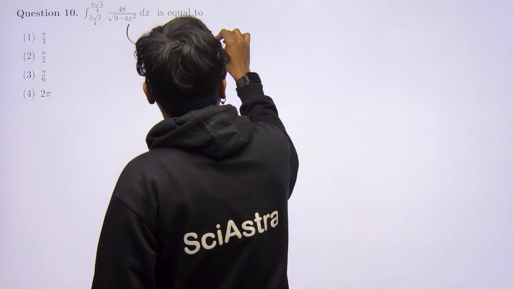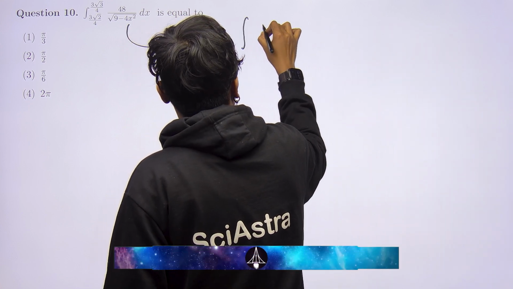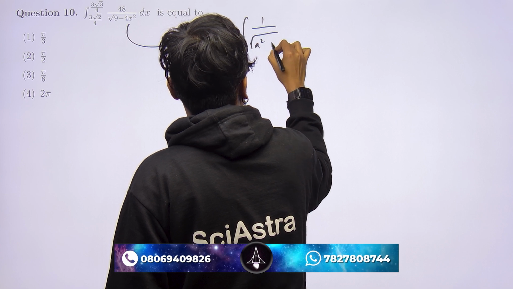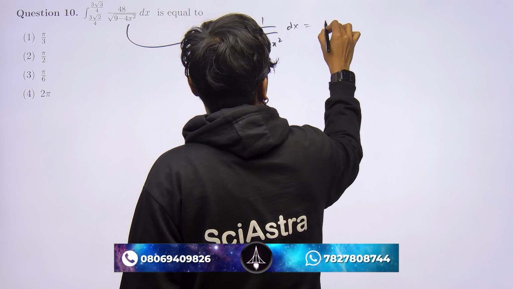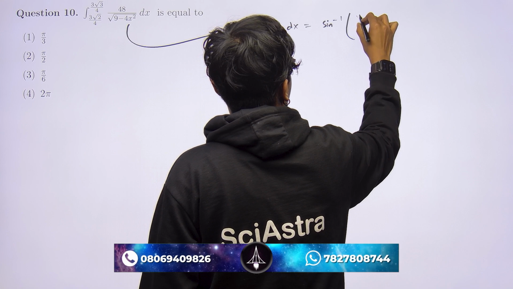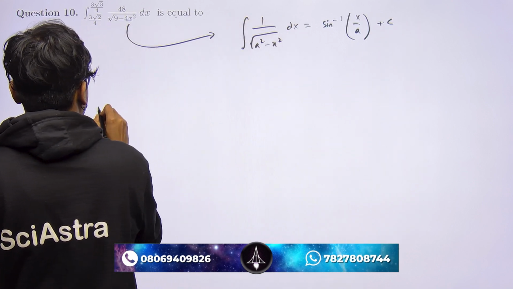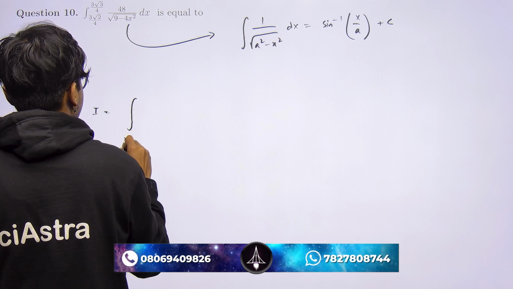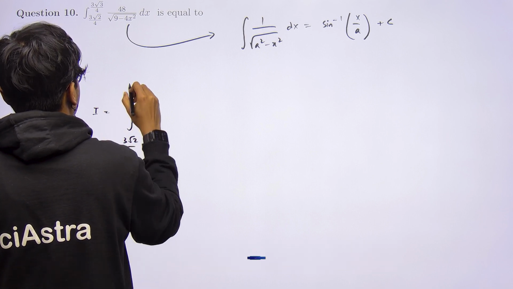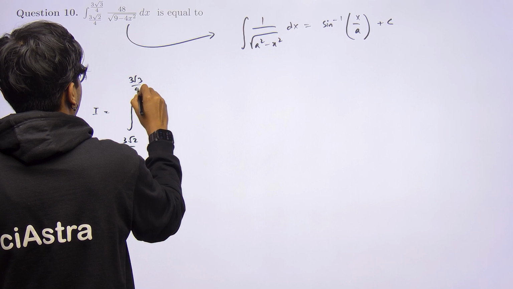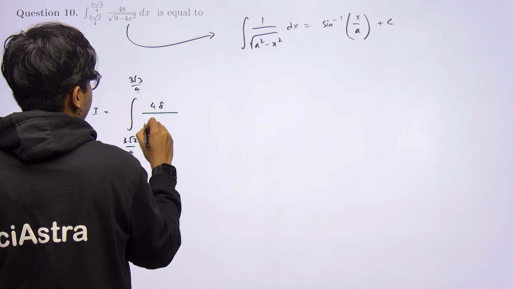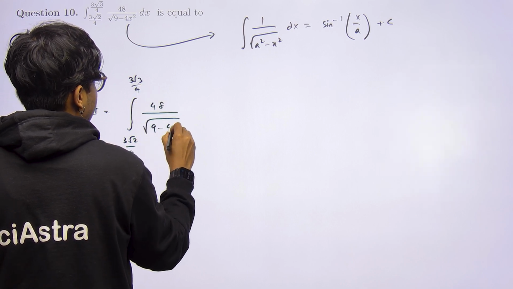So we know the standard integral, that integral of 1 by root over a square minus x square dx is sine inverse x by a plus some constant, right? So if I rewrite this integral I, which is 3 root 2 by 4 all the way till 3 root 3 by 4, you have 48 by square root of 9 minus 4x square.